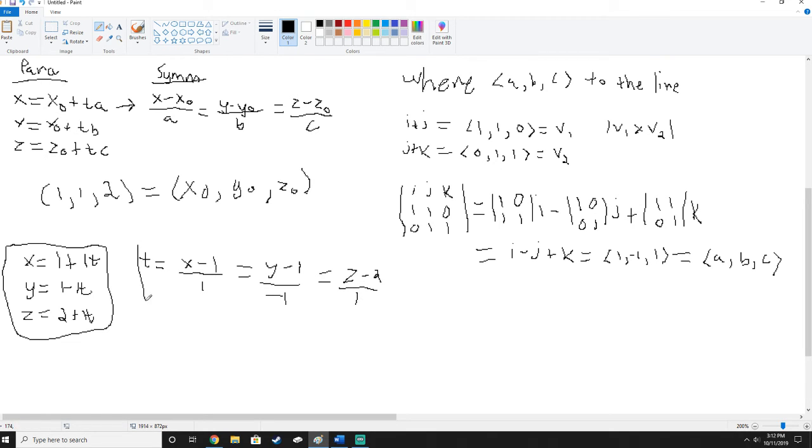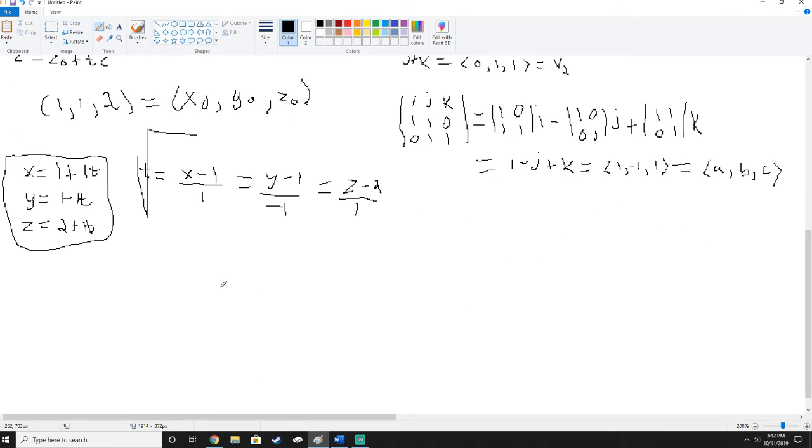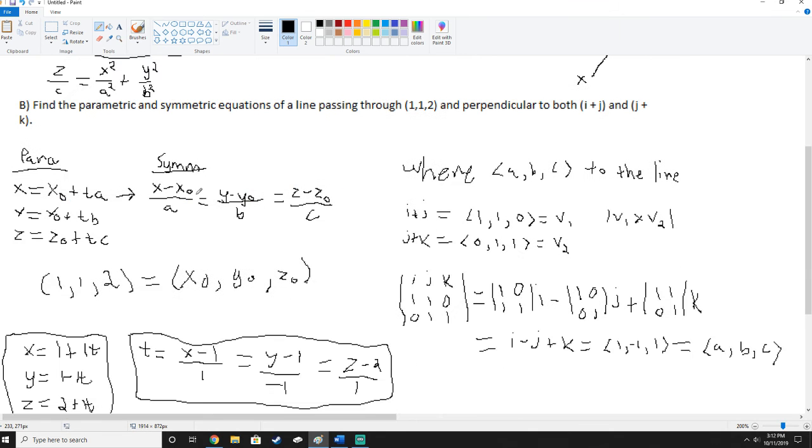This should be our symmetric equations for the line passing through the point (1, 1, 2).